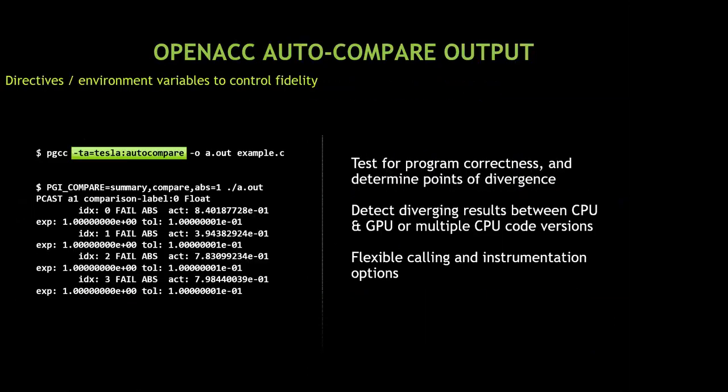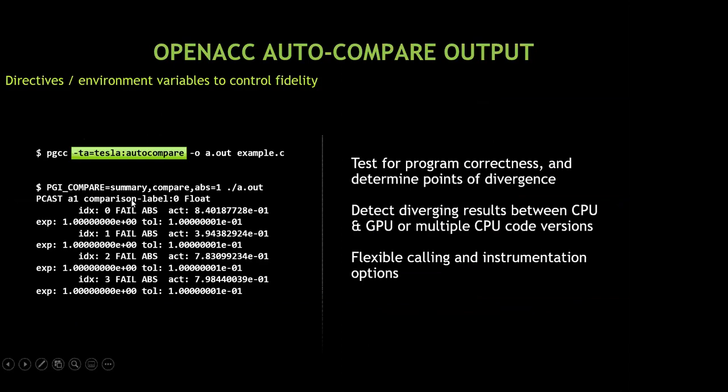This is an example here. I compiled with autocompare, and you have this environment variable where you monitor. You could tell it you want simply a summary report, not a detailed report. Here the comparison rule is absolute value, and you give the unit.